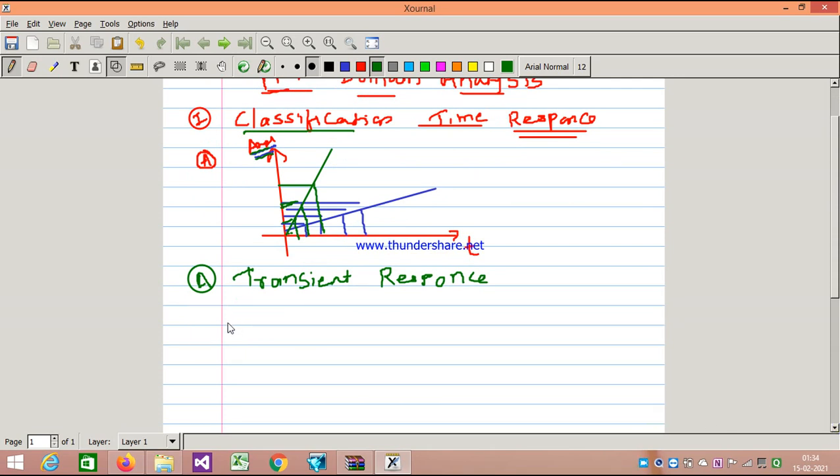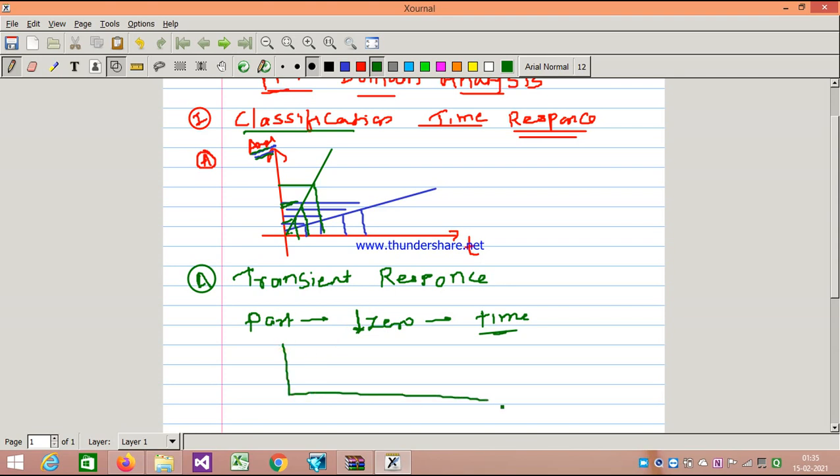The definition: a part of the time response which goes to zero after some time, after a large time, is called a transient response.